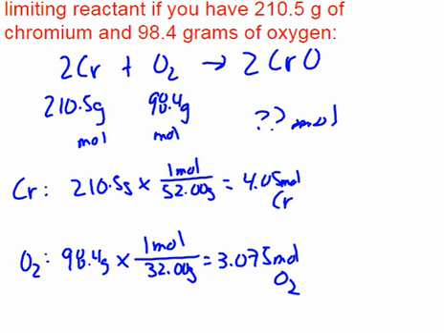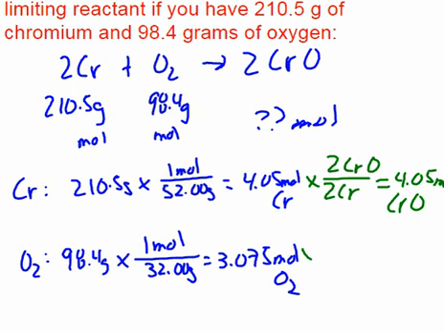So here's where there's really 2 different ways you could do this. The way I did it in my videos and generally encourage people to do it is to go ahead and set up your molar ratio, 2 Cr to 2 CrO, 2 chromium oxide from 2 chromium, means this would really be 4.05 moles of chromium oxide.